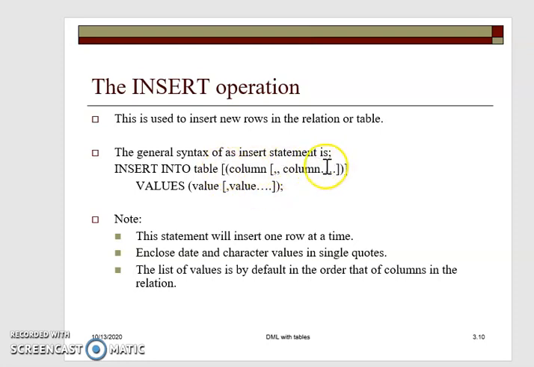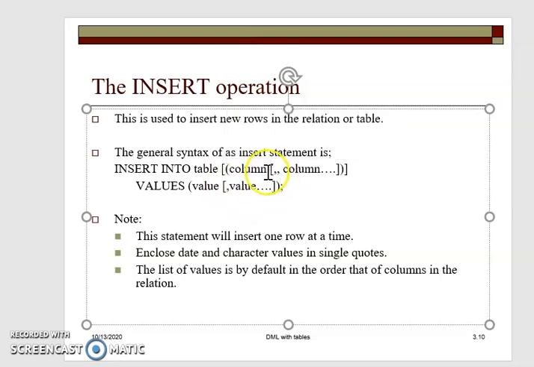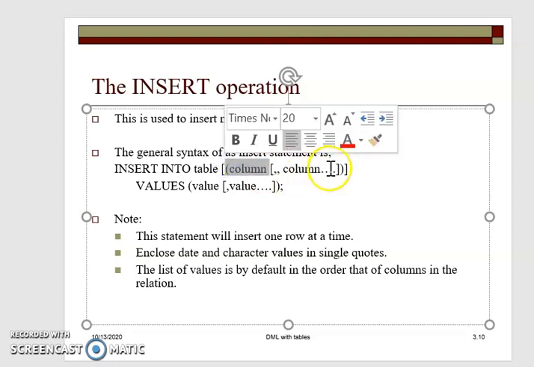Then the columns. This kind of insertion allows you to insert data a row at a time. For example, if you have specified registration number, that means you have to specify all the columns in the order you created them. So if you created a table with registration number, first name, last name, then at the time of insertion, registration number will appear first, then first name and last name.